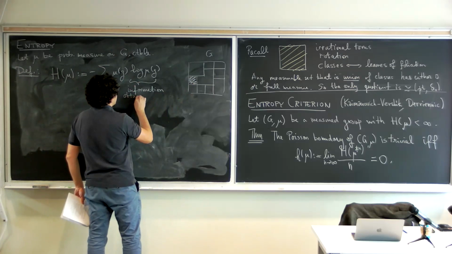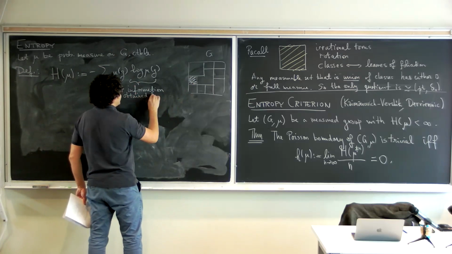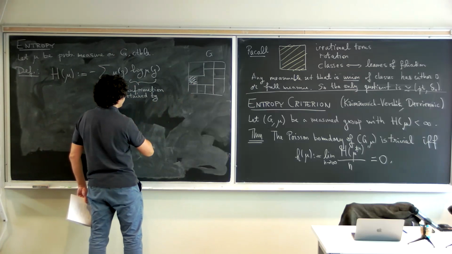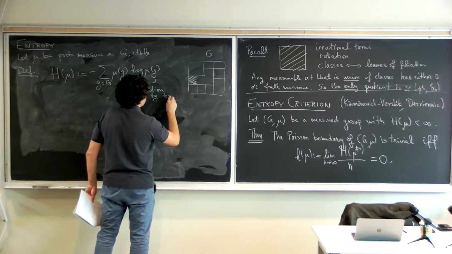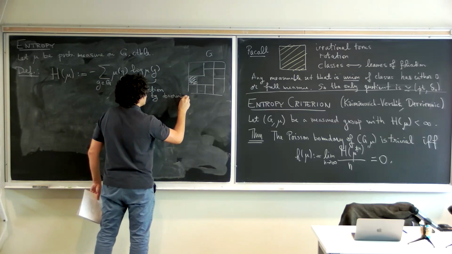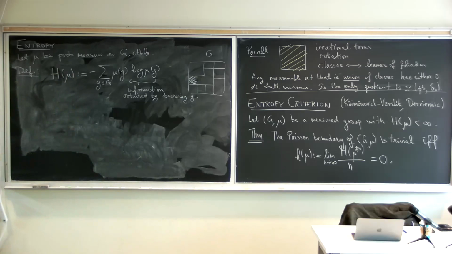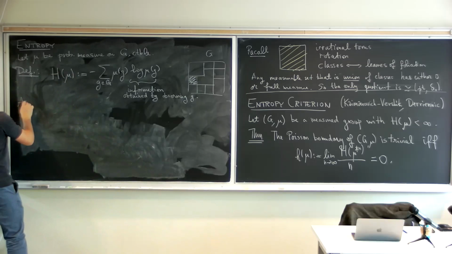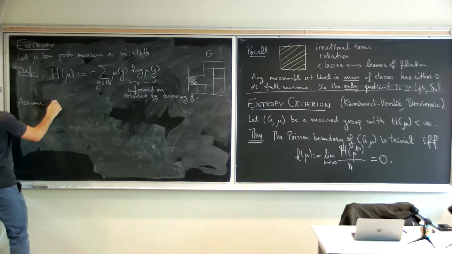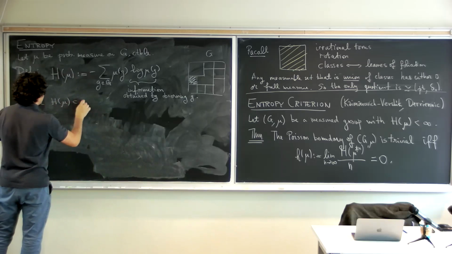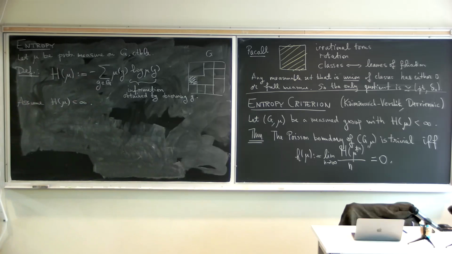Obtained by observing, let's say, g itself. And again, we assume that this is finite. This is the weak point of this theory, that we need the finiteness of the entropy of mu.